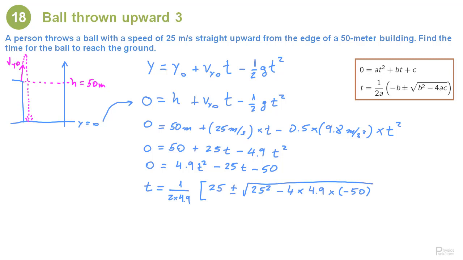And let's check the square root. So this is 1 divided by 9.8 times 25 plus or minus, and let's see what this number in the square root is.